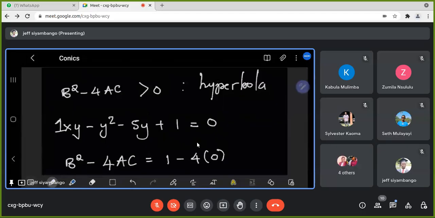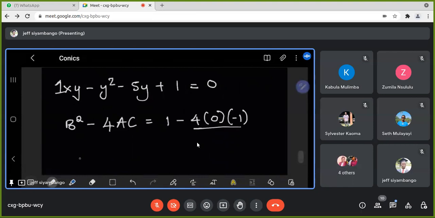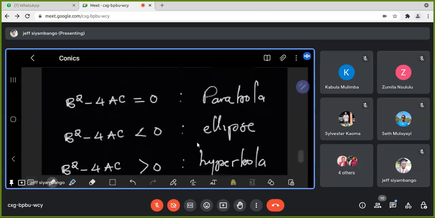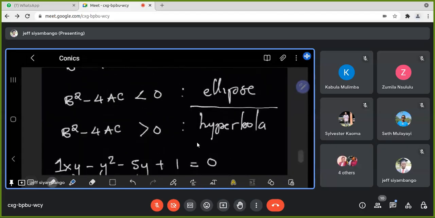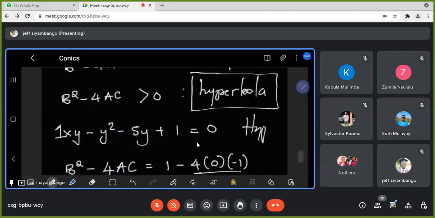Once you see that 0 here, it doesn't matter what c is, because in the end you still get 0 from this term. So the discriminant has turned out to give us 1. And 1 is greater than 0. Because 1 is greater than 0, it implies that we are dealing with a hyperbola. So our expression is a hyperbola.